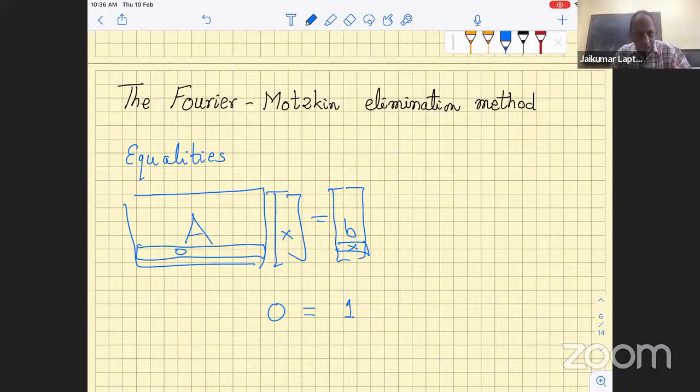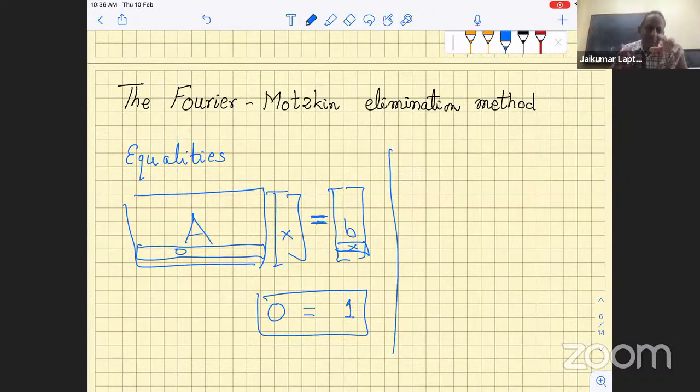A system of equations is not solvable, does not have a solution, it's infeasible, if it is possible to derive 0 equals 1 from them by taking linear combinations. The multipliers involved can be positive or negative, which we understand from our previous discussion is because we have equalities.